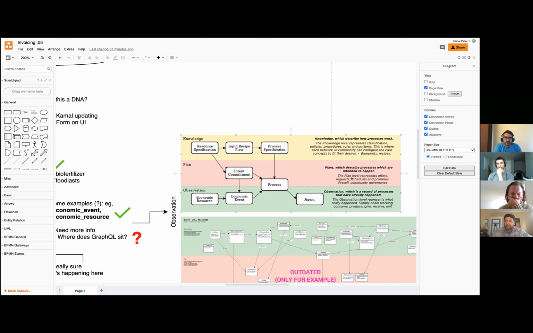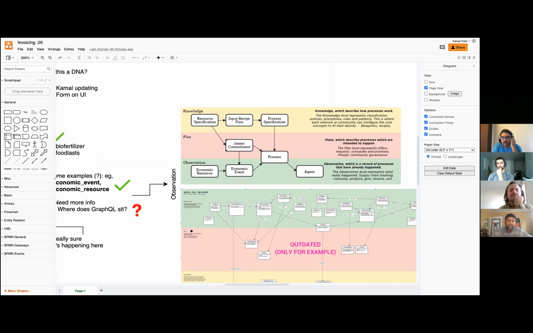I think we're starting to touch into that with the new prototype and the shared marketplace. Again, we're still getting clear on what the shared marketplace is. And then the knowledge layer describes how processes work, so classifications and policies, procedures, things like that.